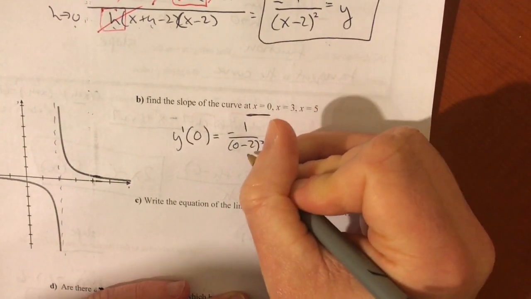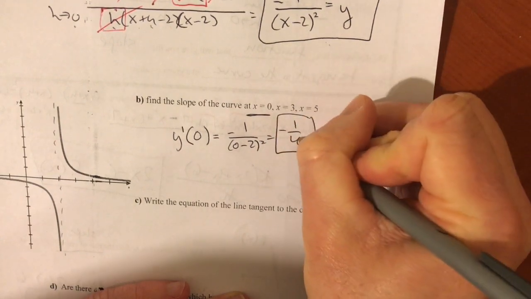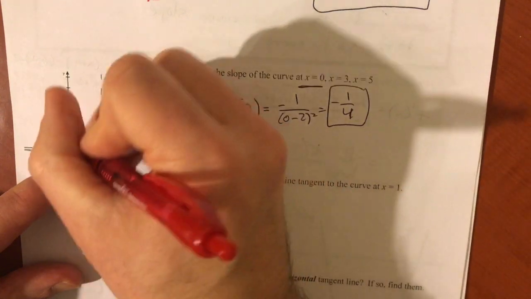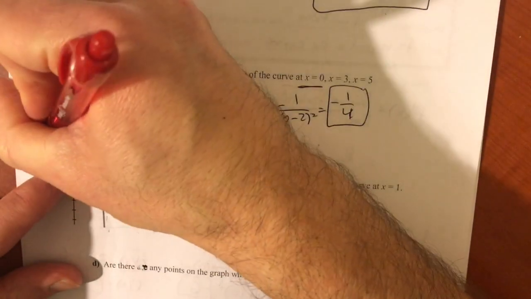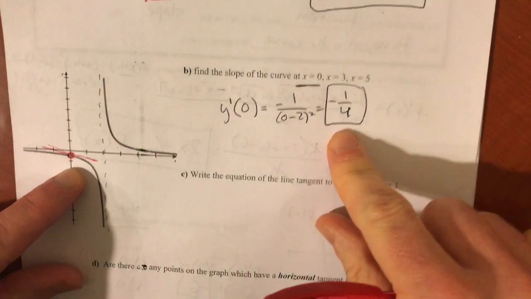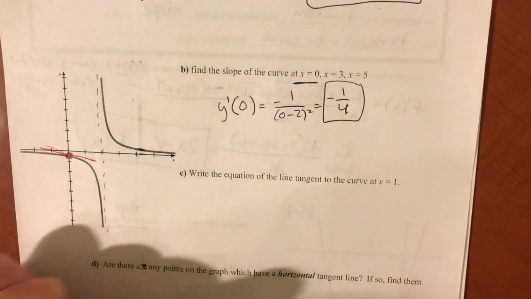That'll be negative 1 over negative 2 squared, which is positive 4, so negative 1/4. And if you look on this graph, that means when x is 0 on this curve, that's one specific point right there, at that spot, the slope of that tangent line, or the slope of the curve, is negative 1/4. Very flat, but definitely a negative slope.